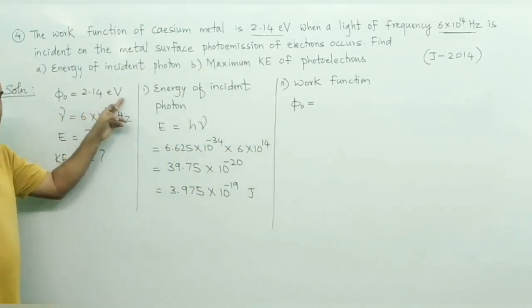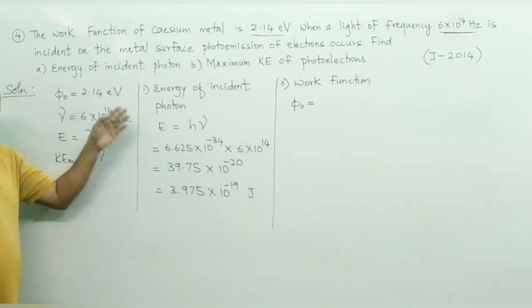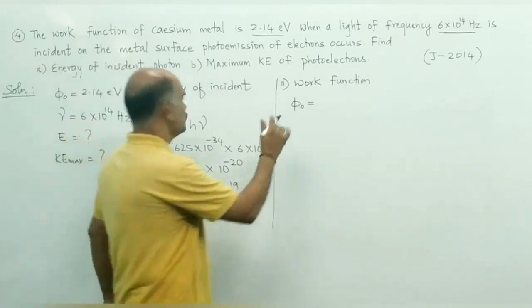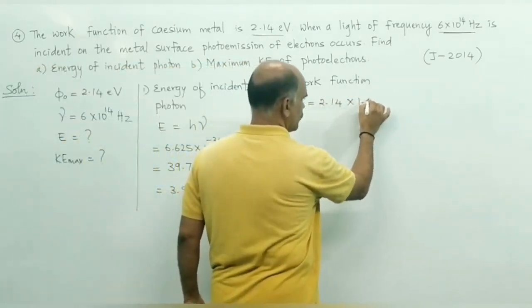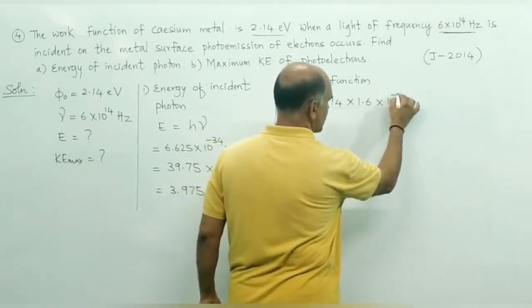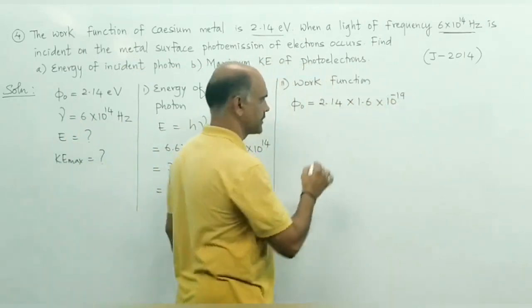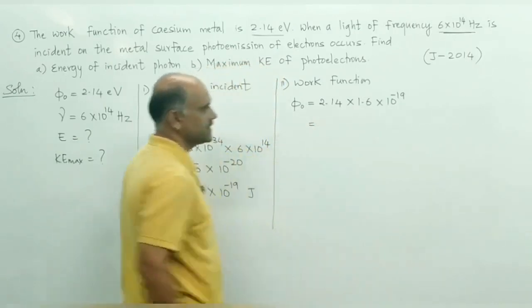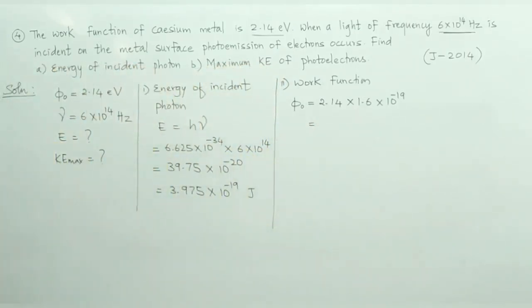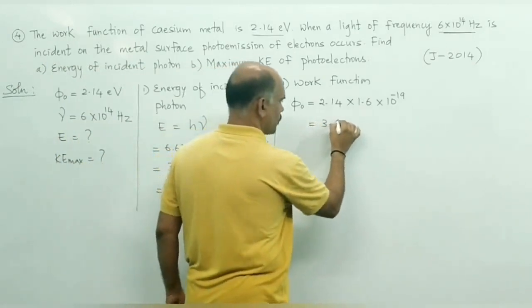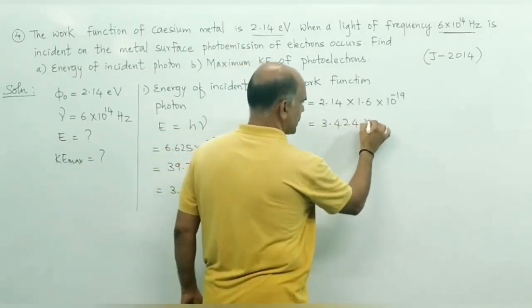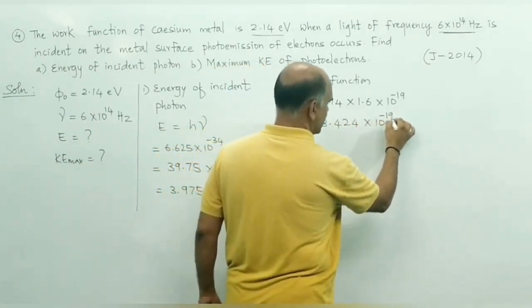To convert it into joules, you are required to multiply by the e value. So 2.14 into 1.6 into 10 raised to minus 19. Multiply, use a calculator, you will get 3.424 into 10 raised to minus 19 joules.